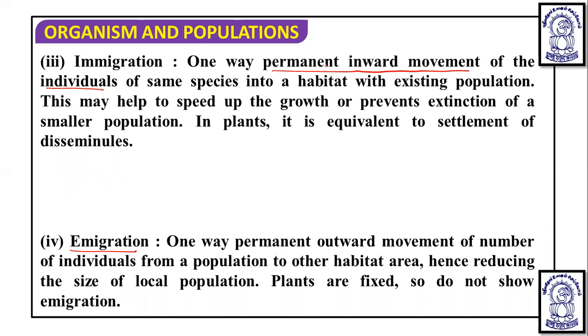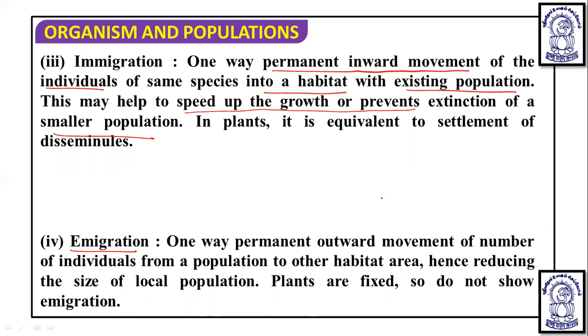Same way in any population, if one-way permanent inward movement of individuals of the same species is occurring into a habitat with the existing population, this may help to speed up the growth and prevent extinction of the smaller population. So the inward movement or immigration of individuals in a smaller population will increase their number.